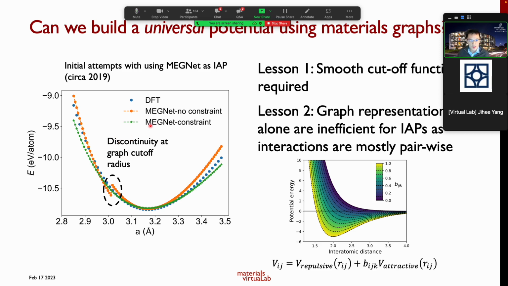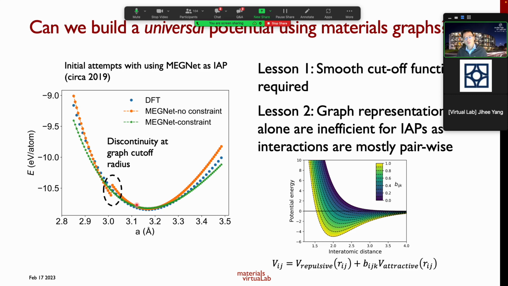So what you see here is an equation of state for one of the cubic crystals. And you see that we actually have very significant problems, right? Even though, yes, it seems that potentially this might work, there are some artifacts in our predictions, right? So there's this discontinuity in the energy when it gets to the cutoff radius, right?